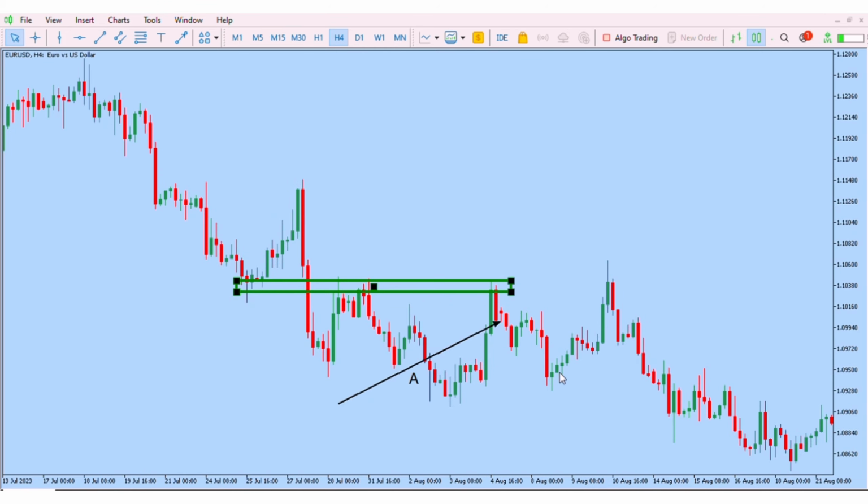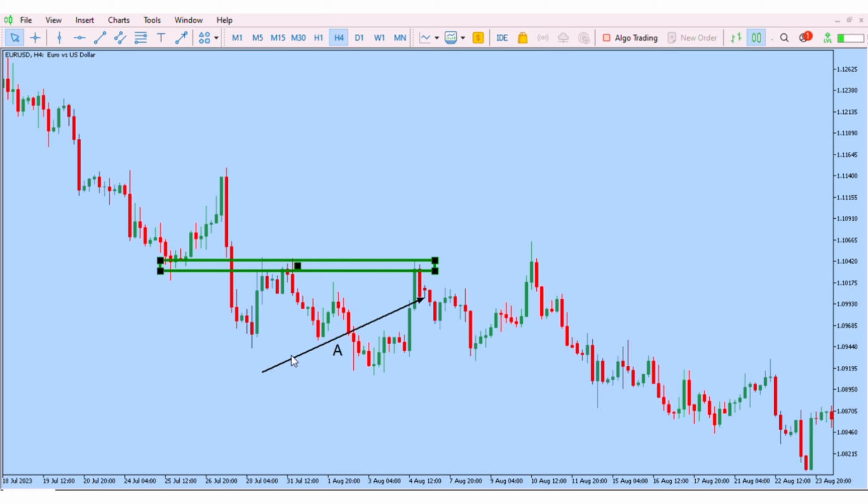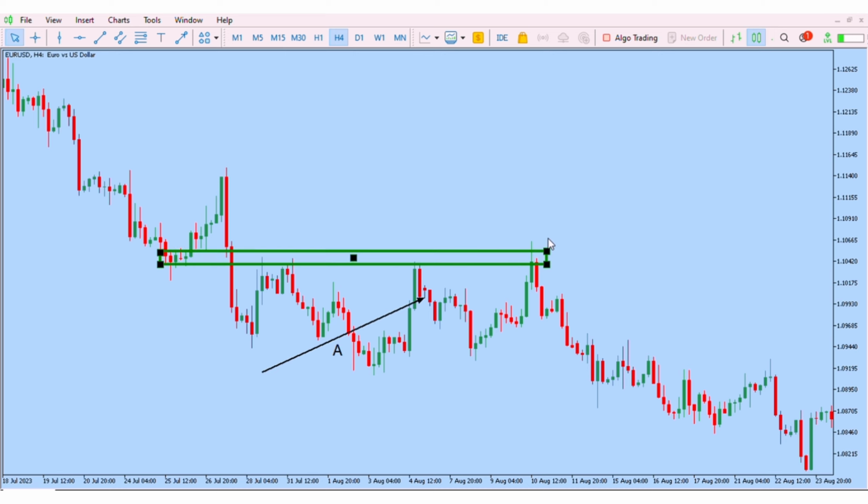At this point, market prices obeyed this level, forming an engulfing candlestick pattern. When you draw your resistance zone, make sure it touches as many prices as possible.